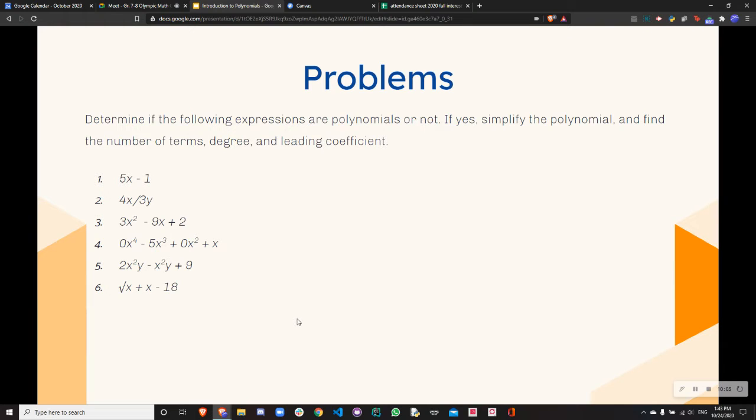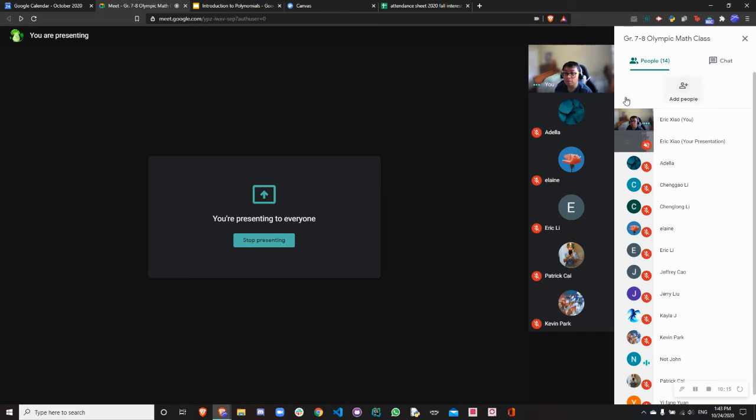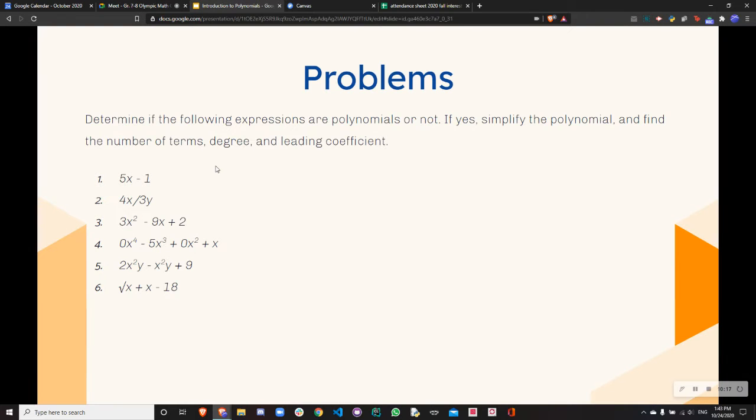Does anyone have an answer for question 1? So first, is question 1 a polynomial? Yes, right. Perfect. Okay. And then we don't need to simplify any further. So this is the most simplified term. Okay. How many terms does this polynomial have? You guys can just shout it out if you know the answer.